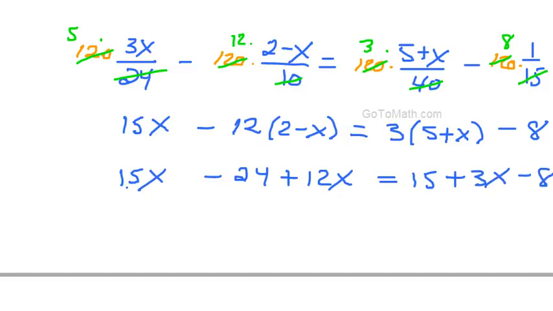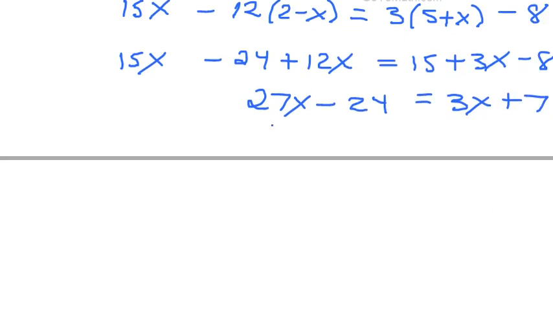Collecting up like terms, we have 15 plus 12, that's going to be 27x minus 24 equals, we have 3x, and then 15 minus 8 is 7. Alright. Let's go ahead and leave this 27x over here on the left, and the reason for that is because this coefficient is larger than this coefficient here.